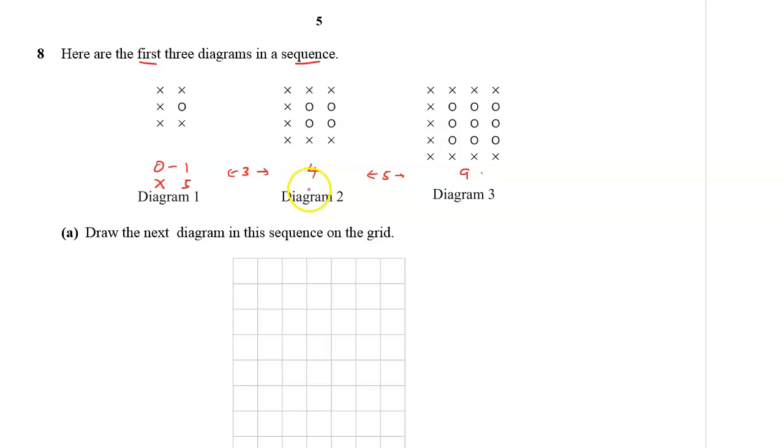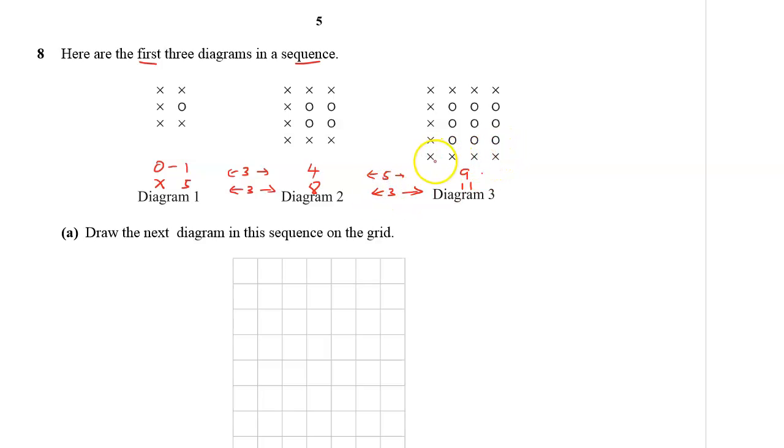On diagram 2, the crosses are 8. On diagram 3, the crosses are 11. What is the difference between 8 and 5? The difference is 3. What about from 8 to 11? The difference is 3 as well.